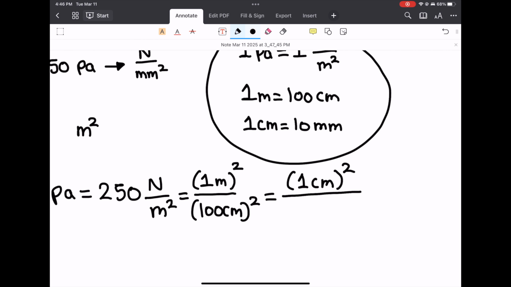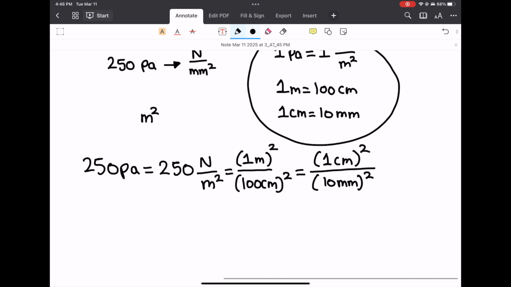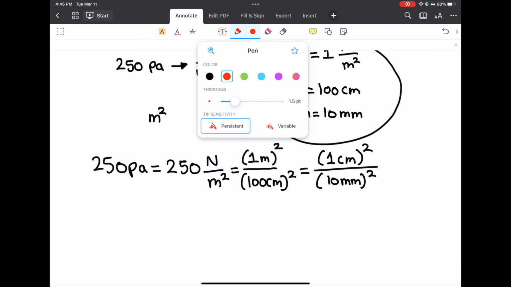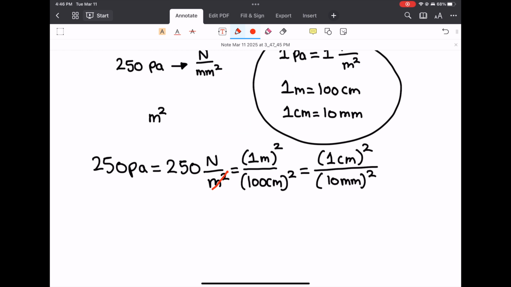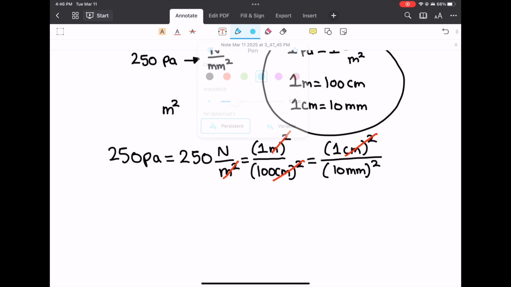So 1 centimeter squared is the same thing as 10 millimeters, squared. Now we can cancel it out. Meter squared and meter squared cancel. Centimeter squared and centimeter squared cancel, and it looks like we have our newtons, which is good, and we have our millimeter squared, which is good.